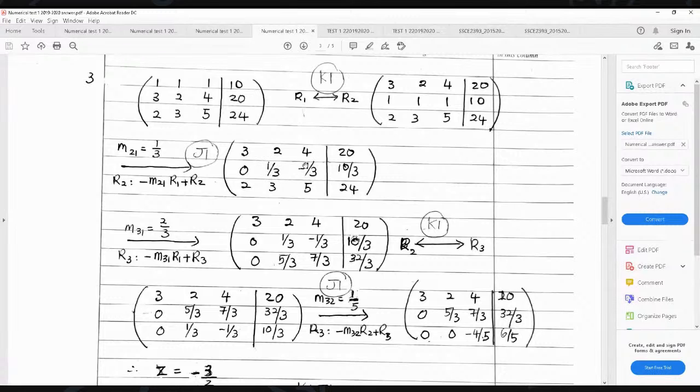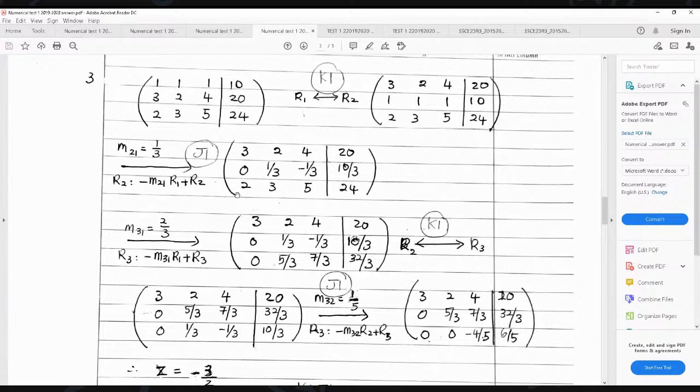Negative 1 over 3 times row 1, which is 4, plus row 2, which is 1, gives negative 1 over 3. How to get 10 over 3? Negative 1 over 3 times row 1, which is 20, plus row 2, which is 10, gives 10 over 3.